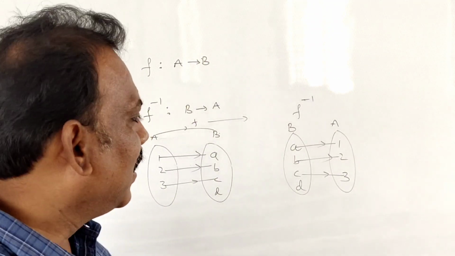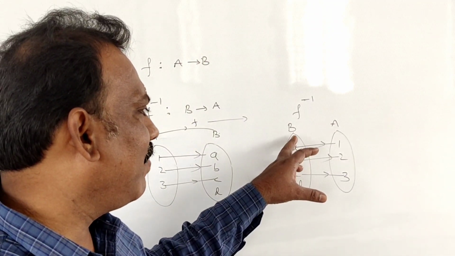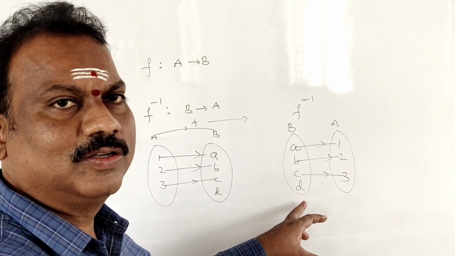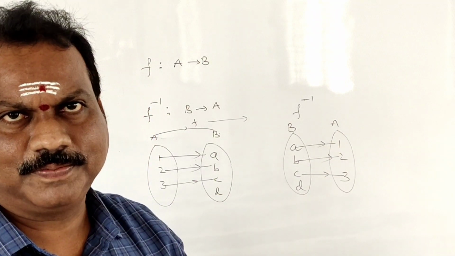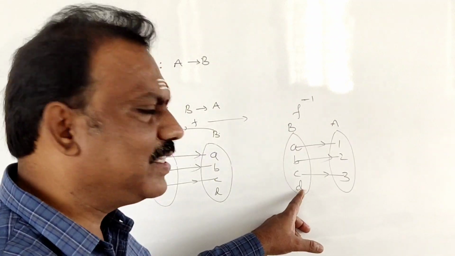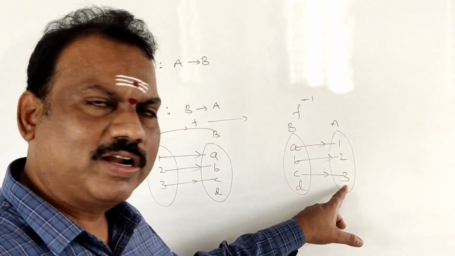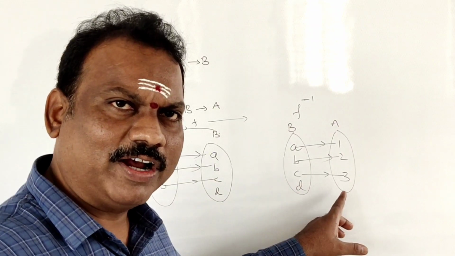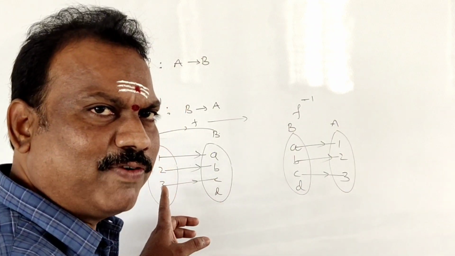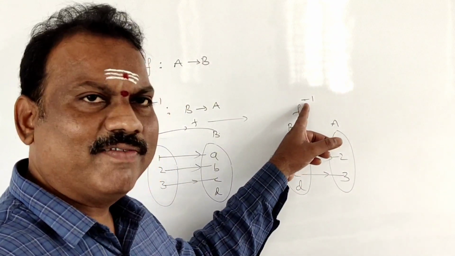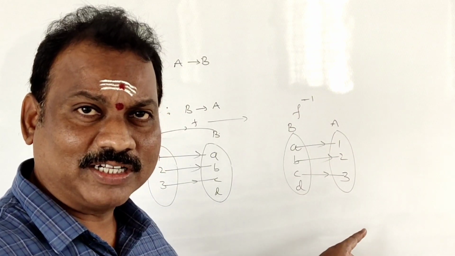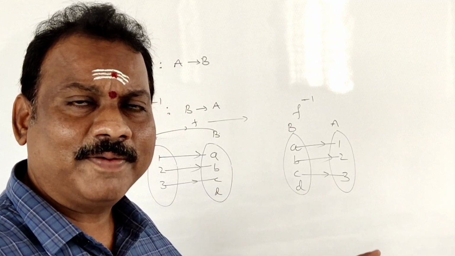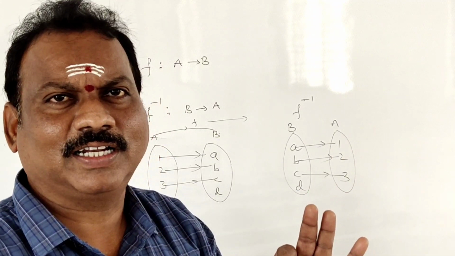Why? Because function means each and every element of the first set should be associated with a unique image, correct or not? But d is an element without image, that's why it is not a function. f is a function, f inverse exists, but f inverse need not be a function. That's why this is called inverse function.